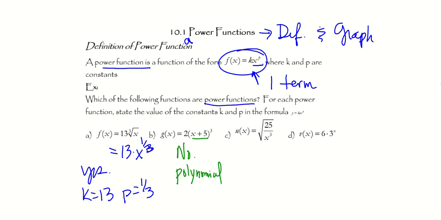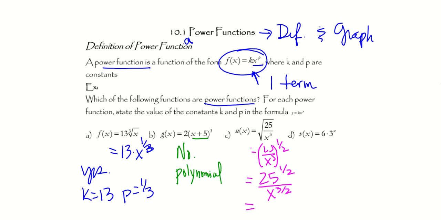We have u of x. And if we rewrite this, we know that we can rewrite this square root as 25 over x cubed to the 1/2. If I distribute that exponent, then I get 25 to the 1/2 over x cubed to the 1/2, which would be x to the 3/2.